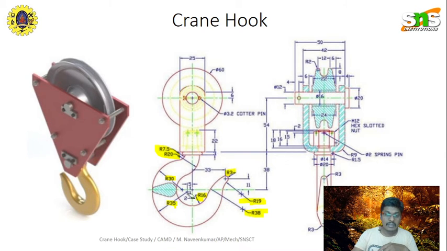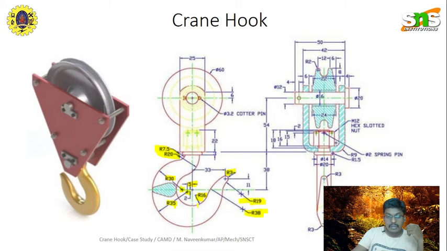Look at this cross section of oval shape. From this point you draw radius 30, and again you change the radius center point from here to here, which is 35, but this distance is 5 millimeter.